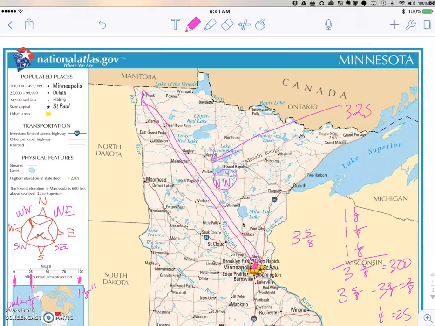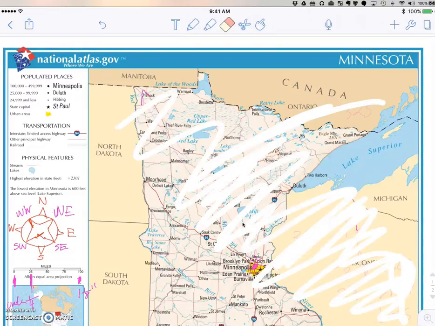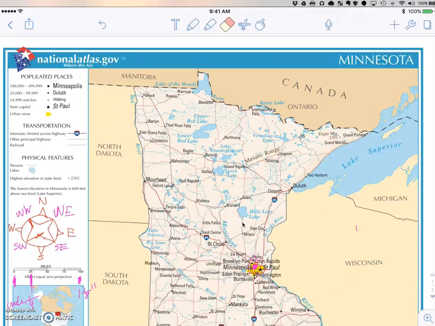Now, if you're taking roads, they go crooked and curve and stuff, and so they don't always cover it how you'd expect. But in general, when we use the compass rose, we're using just very exactly the straight direction. Now, we could say, hey, let's do it by roads. So let's figure out how far it takes to get from Duluth to St. Paul.